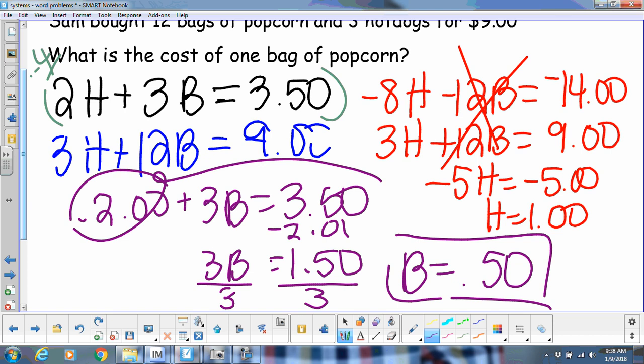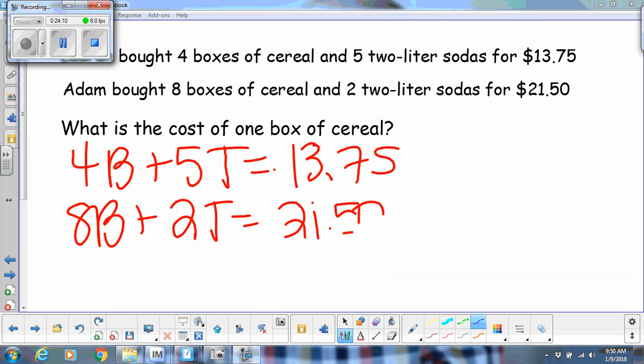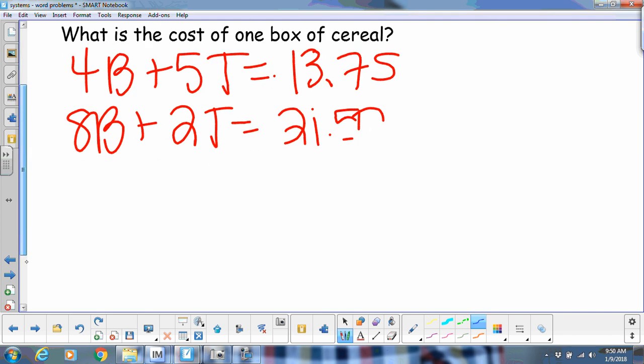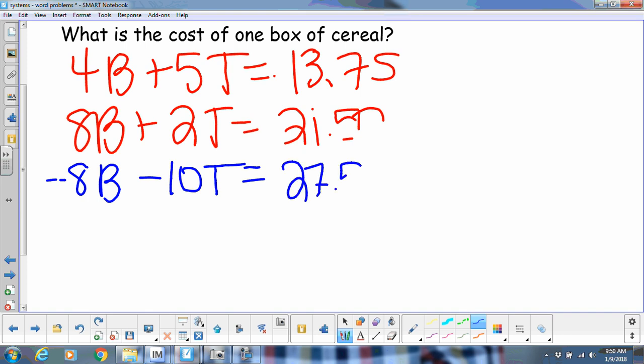All right, we good? You multiplied the top by negative 2? So if you did negative 2, that gave you negative 8B, negative 10T. All right, 2 times 13 is $26. 2 times 75 cents is $1.50, which gives me $27.50, right?